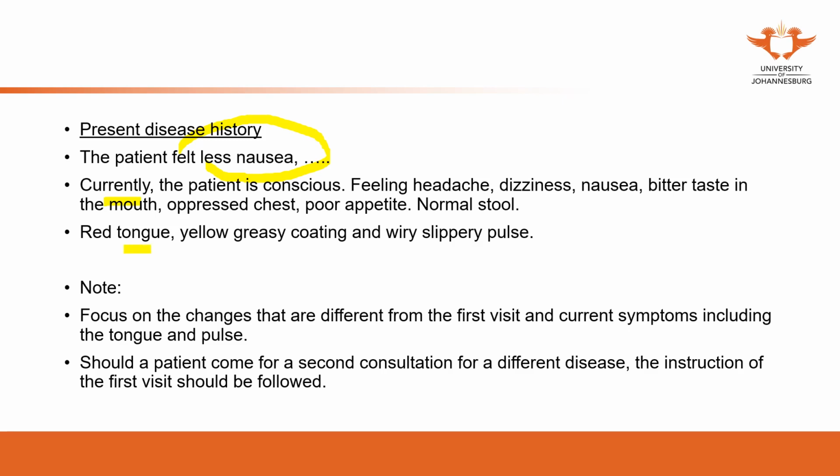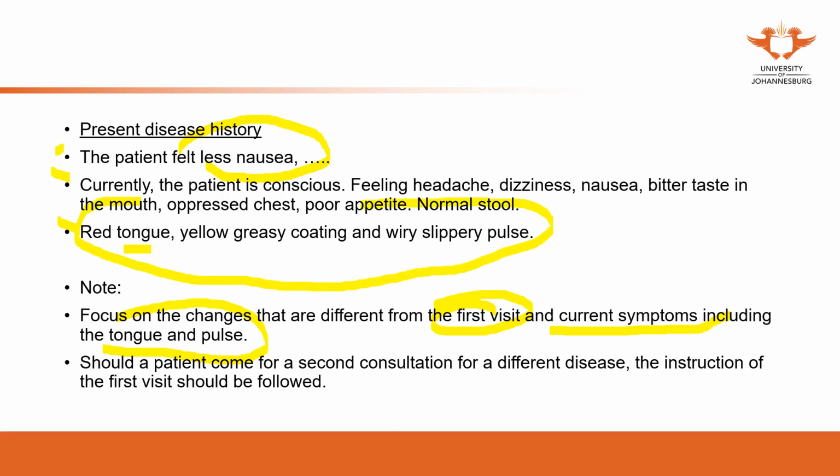You can put it in one paragraph; you don't need to use 1, 2, 3 paragraphs. Since the focus is on the changes from the first visit, the current symptoms must include tongue and pulse. We will record the tongue, pulse, appetite, stool, and sleeping in each visit.